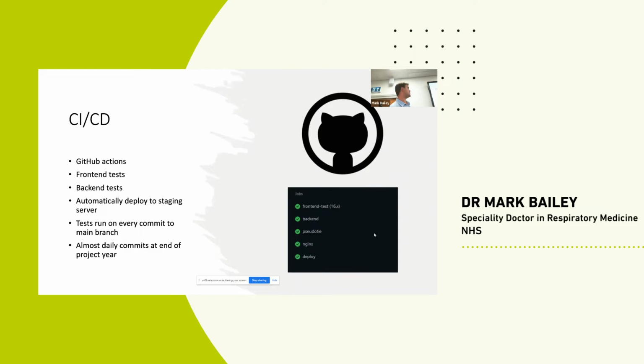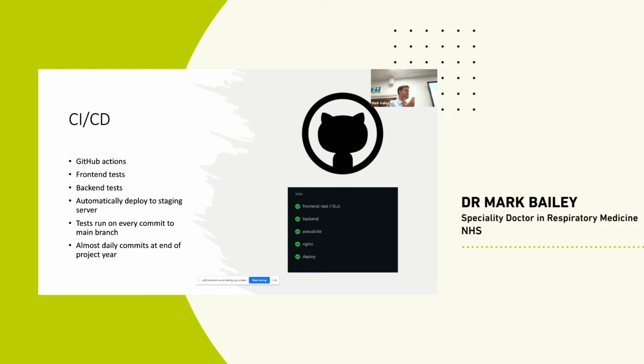Continuous integration, continuous deployment. Very much wanted this from the onset, and I think we just about got it at the end before Nick and Joe stopped working with us on the 2nd of September. They've both gone back to studying. So the way this works is GitHub Actions. Every time you committed, a GitHub Action will happen, and all these different tests, unit tests, would happen from the front end, the back end, and so on.